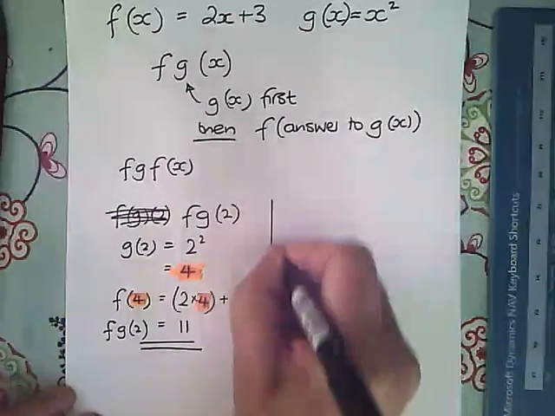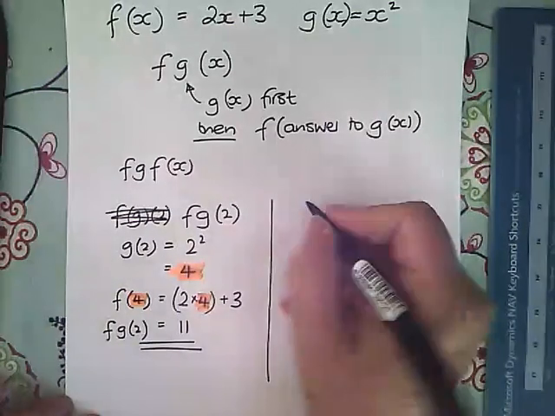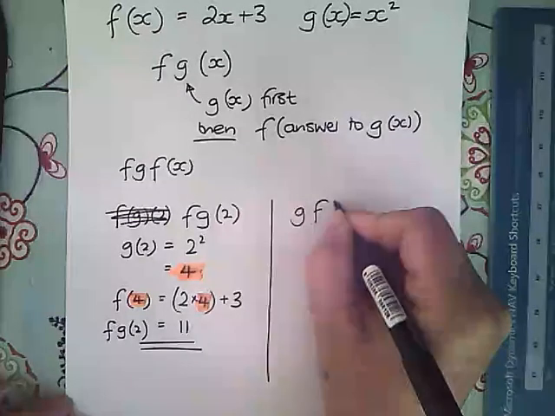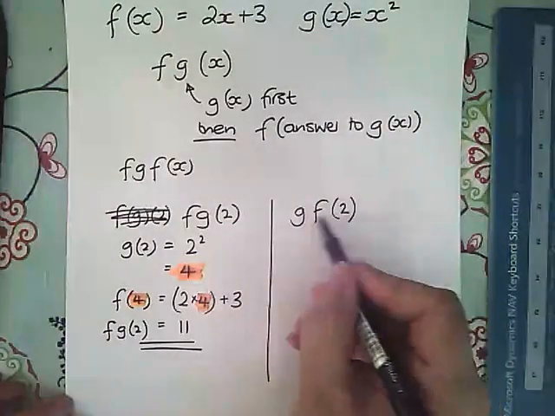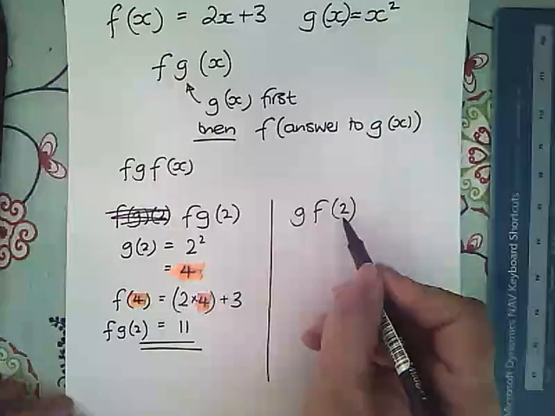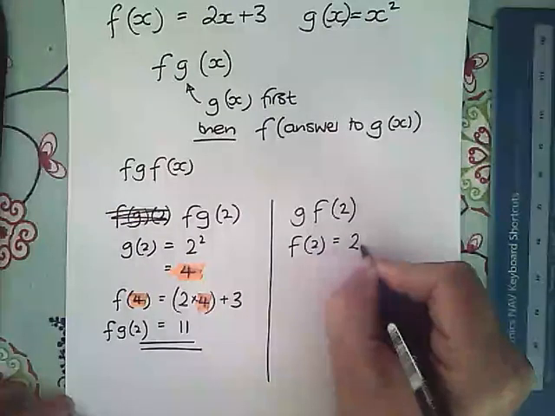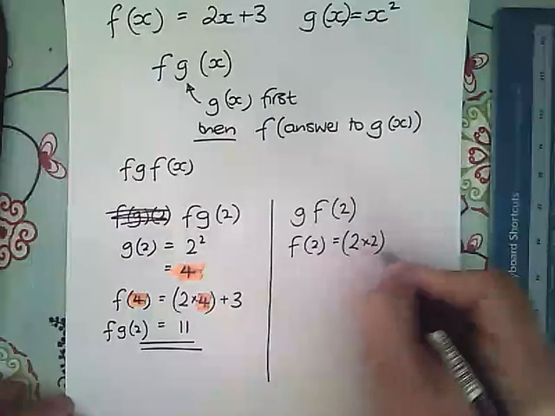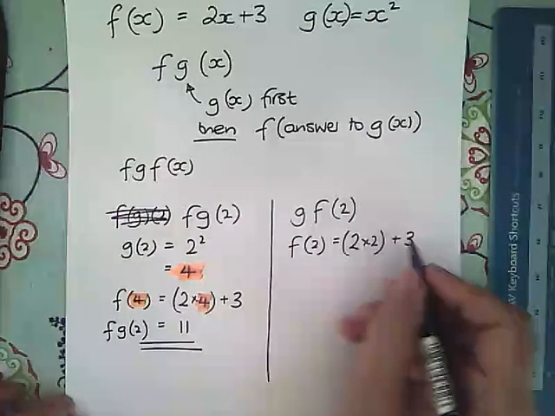You must get these the right way round, because I'm going to reverse the g and the f this time. So it's going to be gf of 2. This time the f is closest to the number, so I'm going to do the f first. So f of 2 is 2 times 2, add 3. 2 times 2 is 4, add 3 is 7.